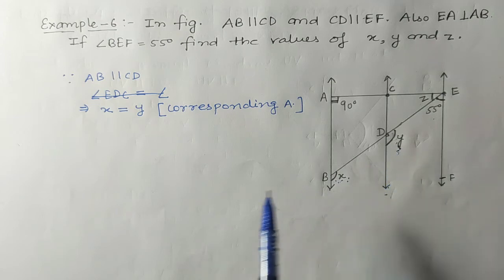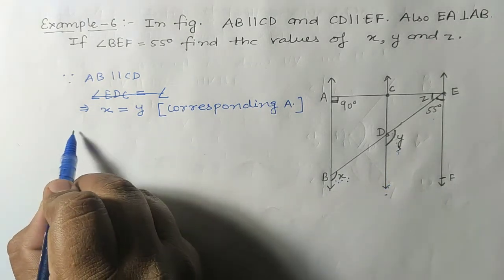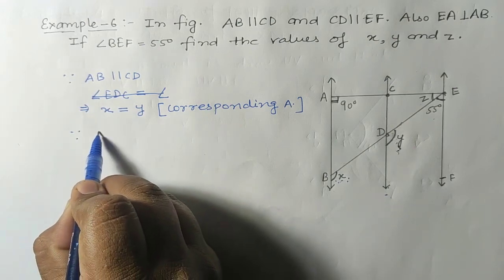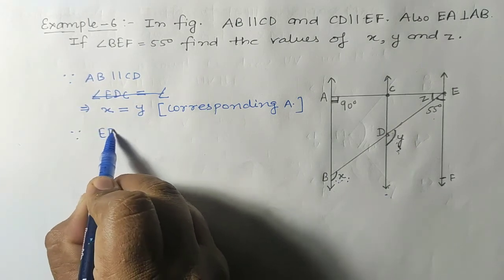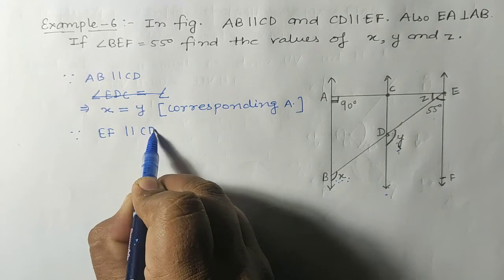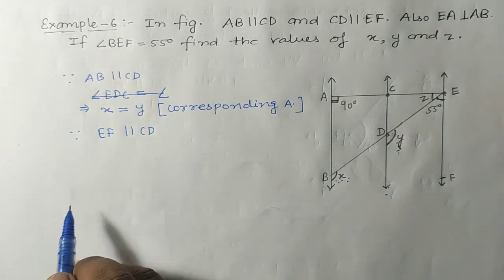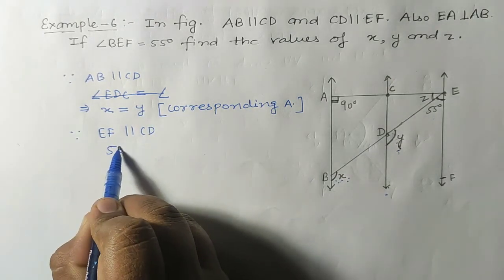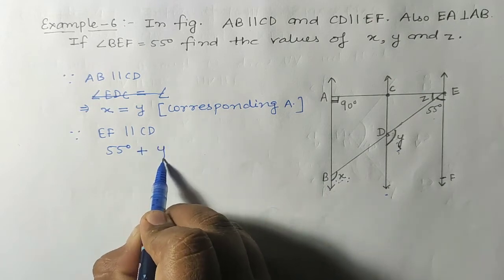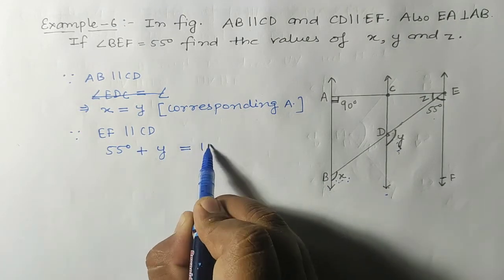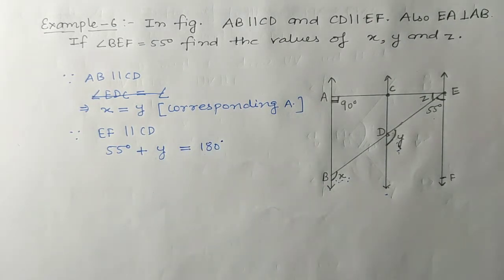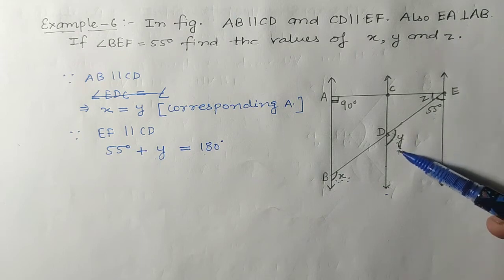Now students, since EF is parallel to CD, the sum of 55 degrees plus Y will be 180 degrees. These two lines are parallel, ED is the transversal, so the angles 55 degrees and Y are co-interior angles.